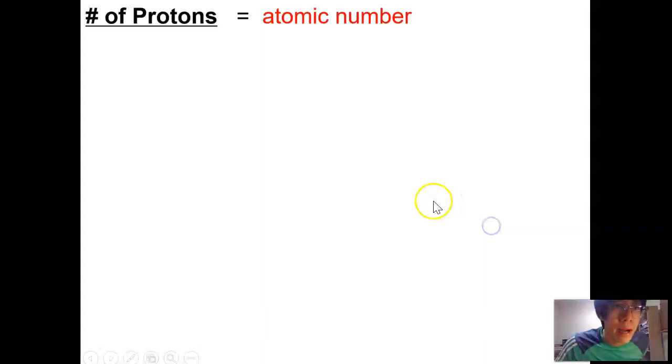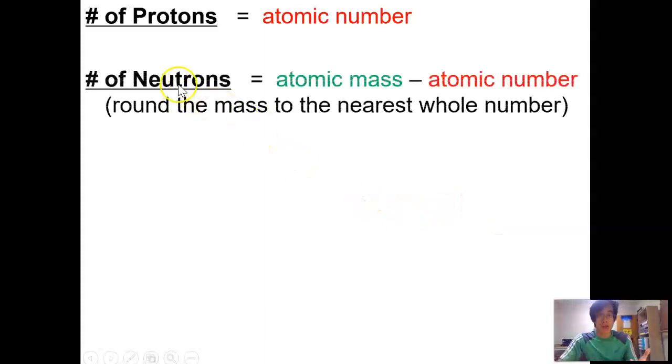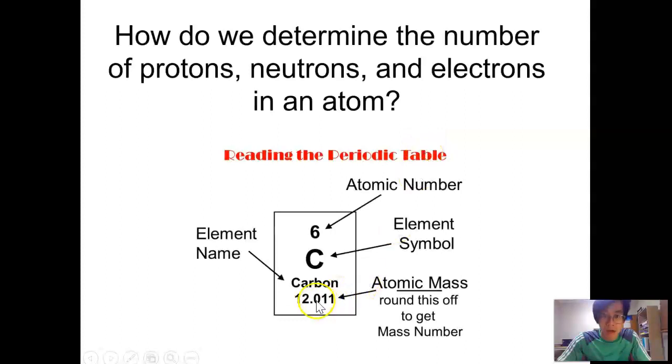So how do we find the number of neutrons? You take the atomic mass minus the atomic number, and you round the mass to the nearest whole number, because if you look over here, 12.011 is an average atomic mass.